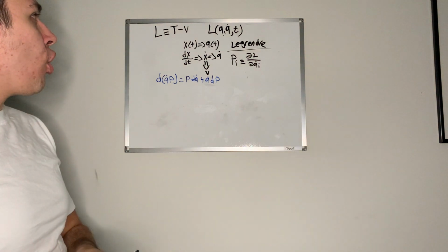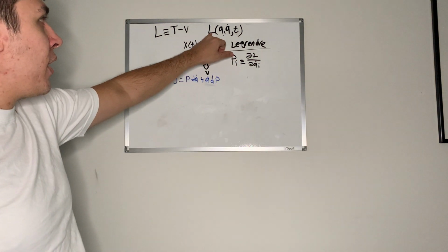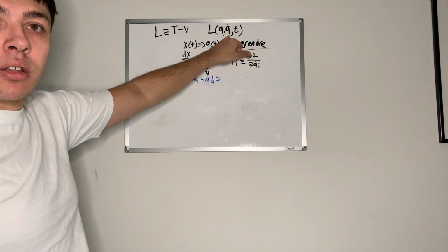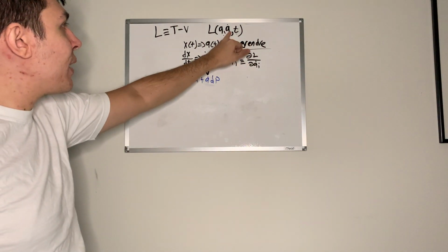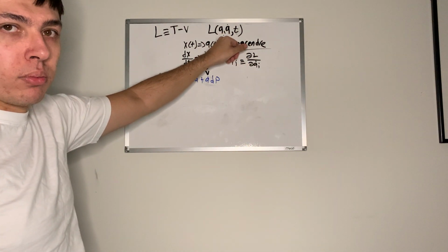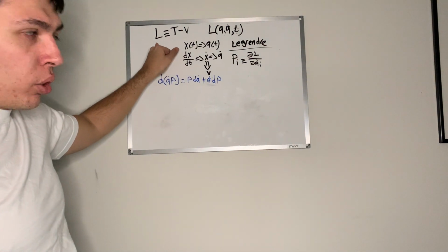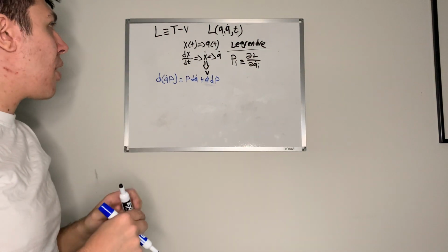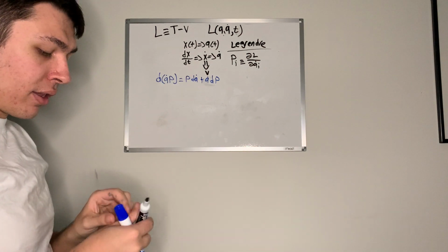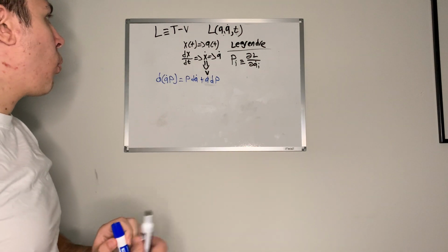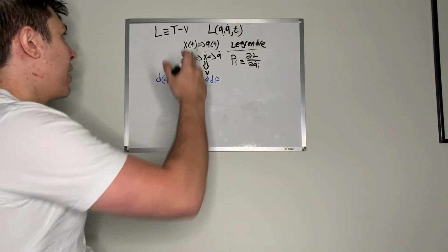And then we're also going to take the derivative of this function, right? Because I want to get rid of this Q dot, and I need to find a relationship, and this is the only thing I know that has a relationship with that Q dot, right? And we're not going to use this guy because we'll use that guy later when it actually matters. But for now, we'll use this guy, and we'll take the derivative of this. So let's ask ourselves, what is the derivative of this L?